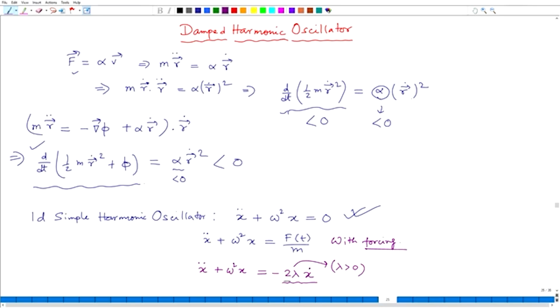Why does this 2 factor come? This is just for the sake of calculation convenience. There is no other intrinsic physical reason for that. Okay. If you write this, then you can write the resulting equation, which is x double dot plus 2 lambda x dot plus omega square x is equal to 0.